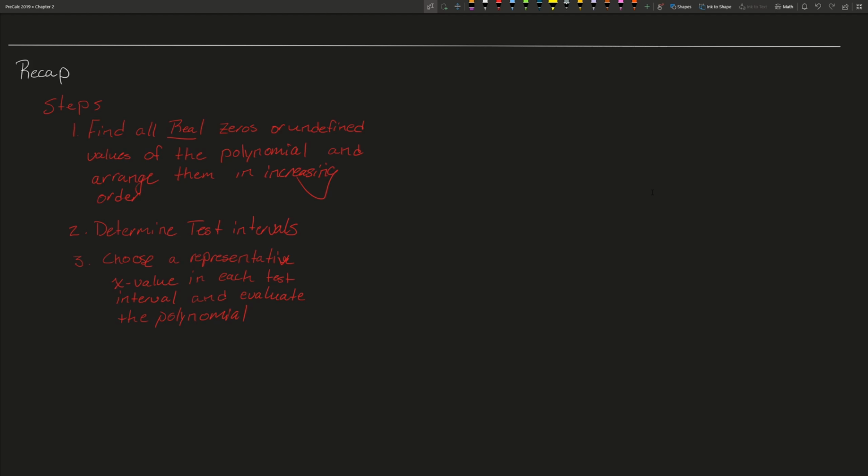After you do that, you choose a representative x value in each test interval and evaluate the polynomial. The sign of those evaluations will tell us what sign each of those values will have inside those intervals. And that is all there is for polynomial and rational inequalities.